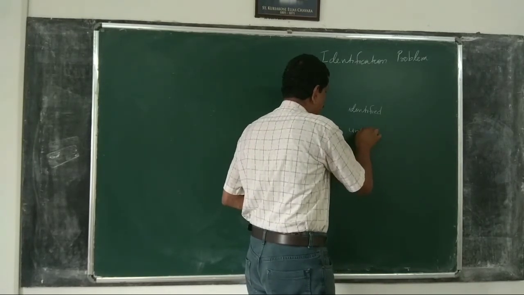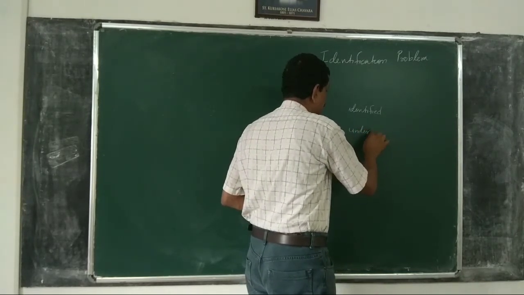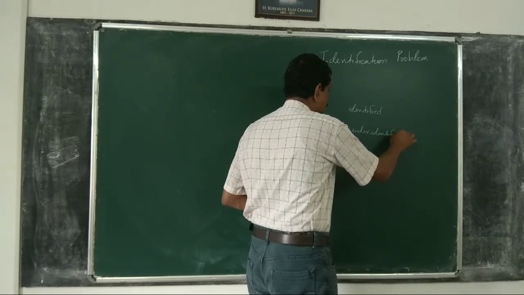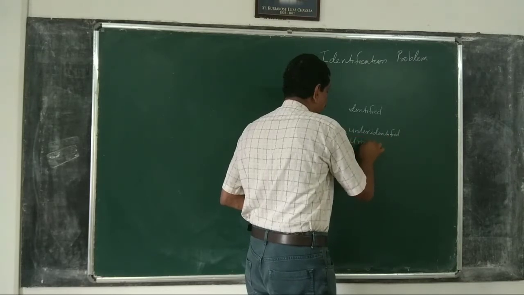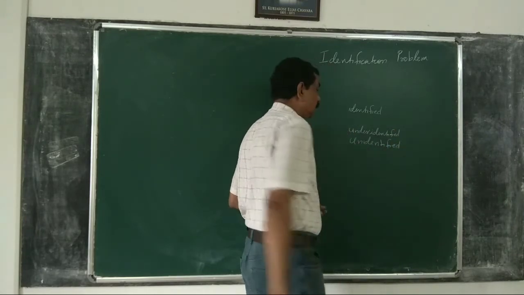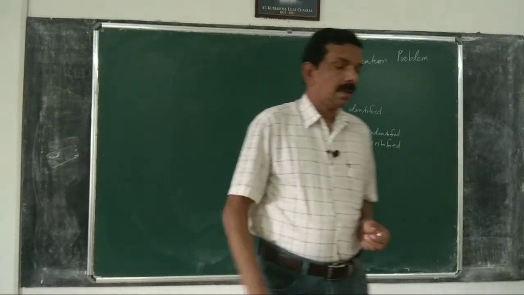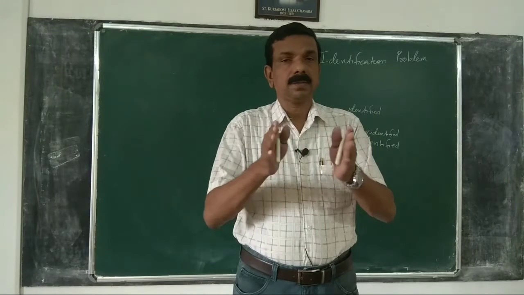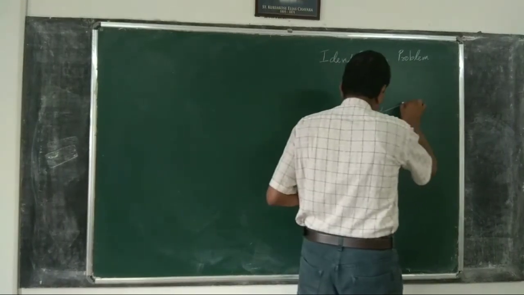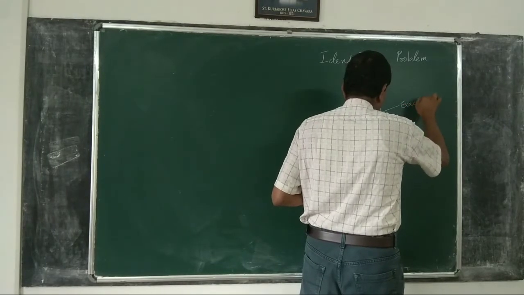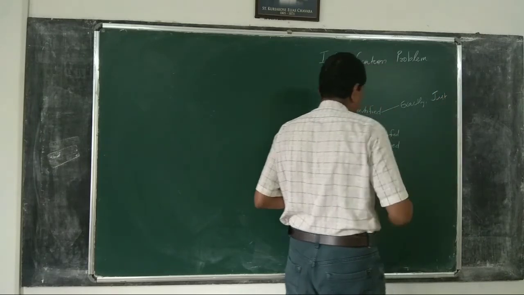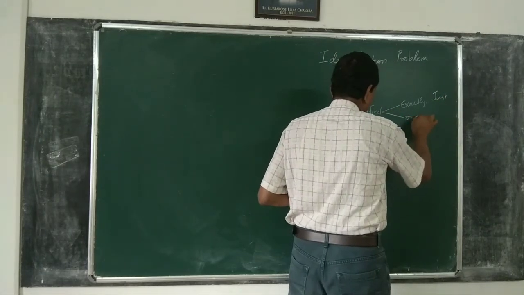We say under-identified or unidentified. An identified equation may be exactly identified or just identified or over-identified.